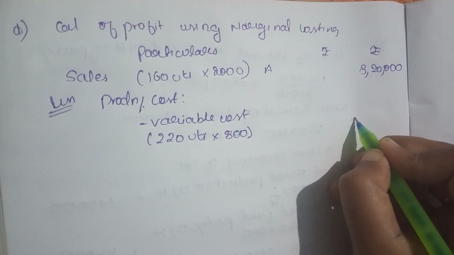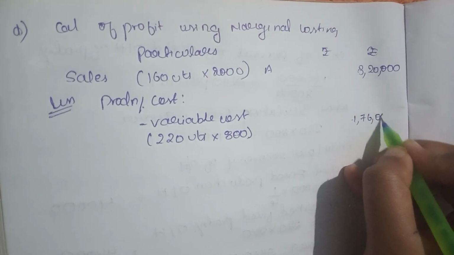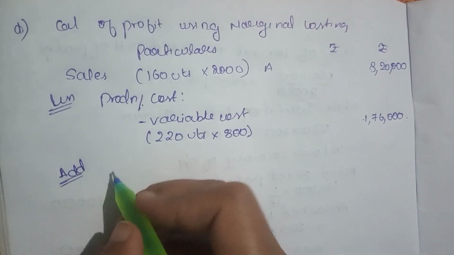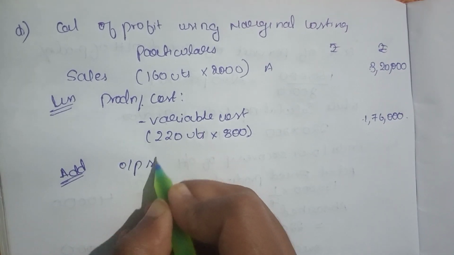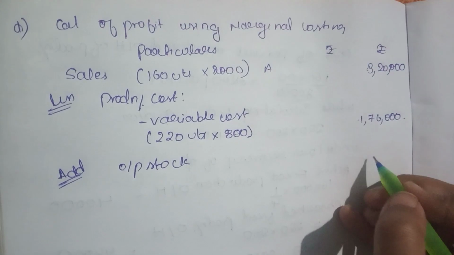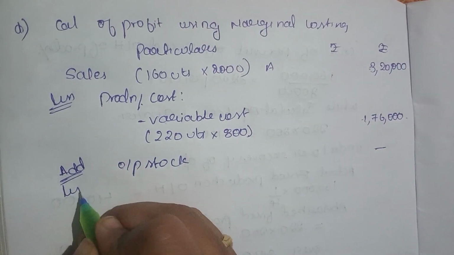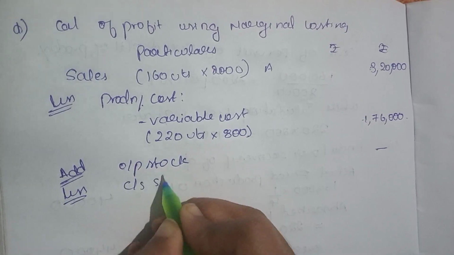So it is 1,76,000. Now add opening stock. Opening stock is nil, as I've said in the question, then less closing stock.